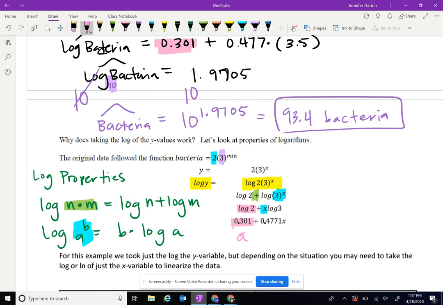And if we go back and look at what our b value was, it was about 0.4771, which from our regression equation was b. That came from what the log of 3 is. So there's this connection between our linear regression model and what the exponential function looks like.